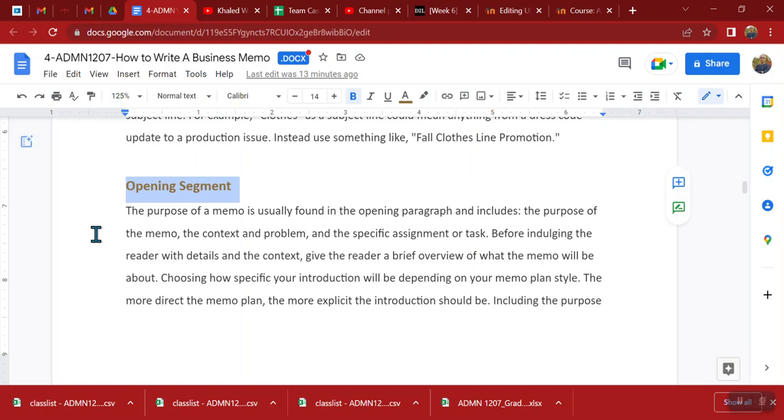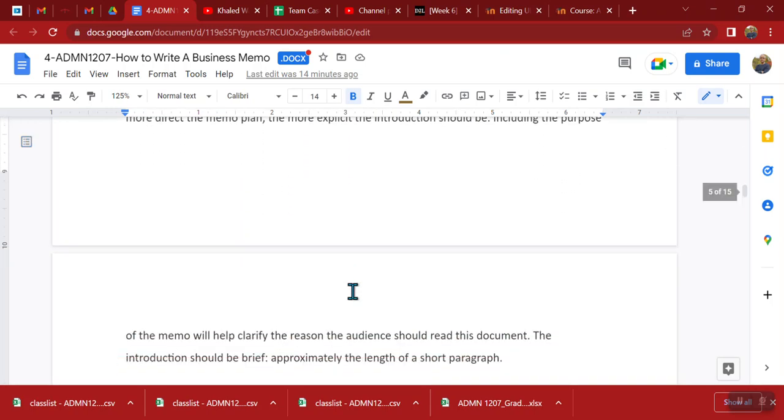This is very important, because if the reader reads this paragraph, they will get immediately alerted, and they will get excited to read the rest of the memo. So don't start with a general introduction and generic terms, because you lose the reader immediately. The reader's eyes and brain are trying to find the purpose. So try to fulfill this point.